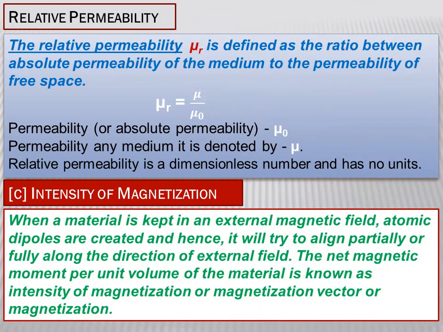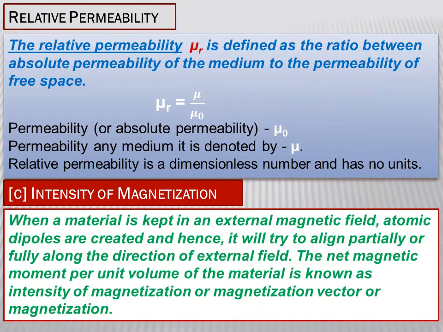along the magnetization. When a material is kept in an external magnetic field, atomic dipoles are created. Hence, they will try to align partially or fully along the direction of the external field.